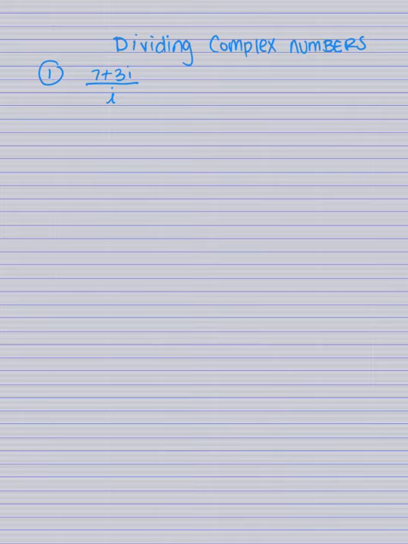Okay, so in this one we're dividing complex numbers. The first problem we have is 7 plus 3i over i. In order to get rid of the i in the denominator, I need to multiply i on the top and on the bottom. So that results in 7i plus 3i squared all over i squared. Just as a reminder, i squared is equal to negative 1, so now we're going to replace it.